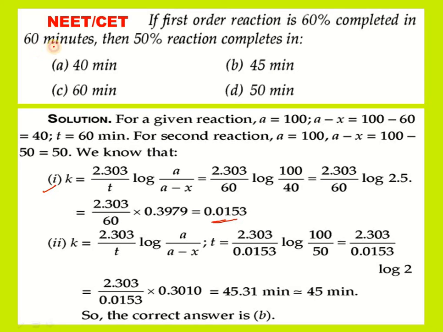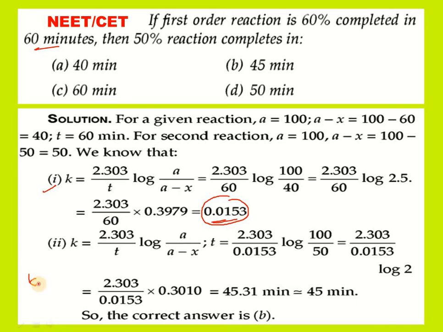So 60 minutes is given already, so that's 60 minutes, and 60% means that a minus x is 40. Upon simplification, we got rate constant as 0.0153, and this is substituted in the half-life period.